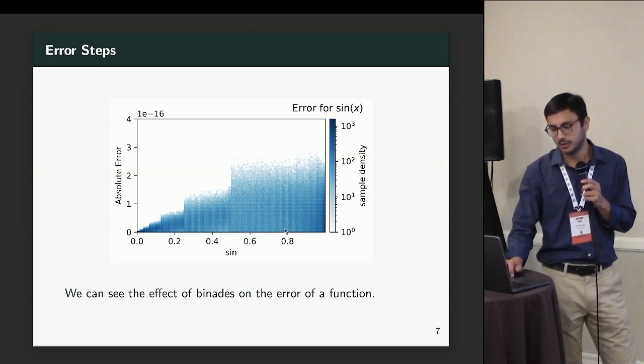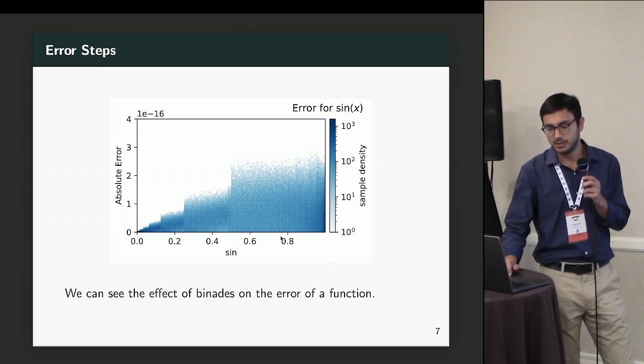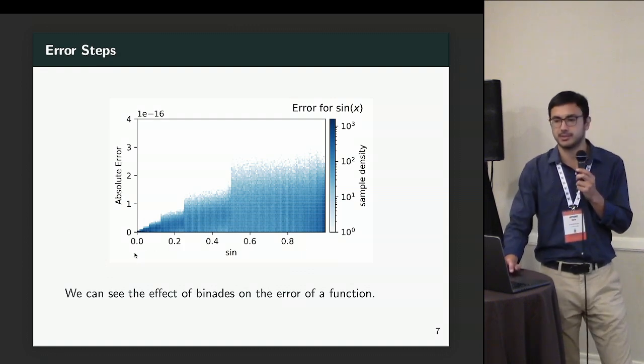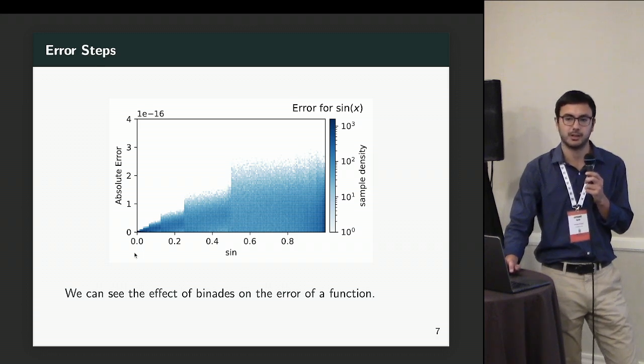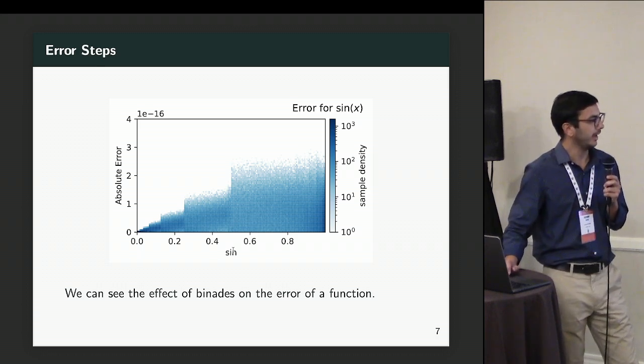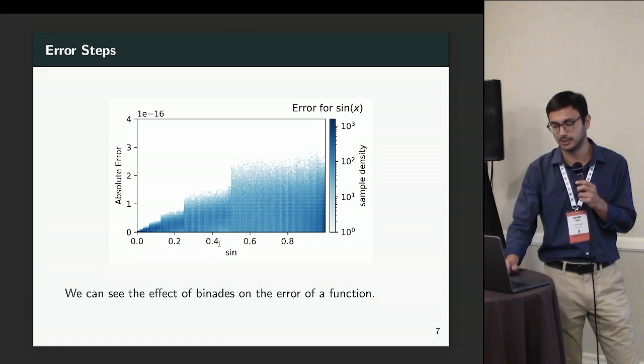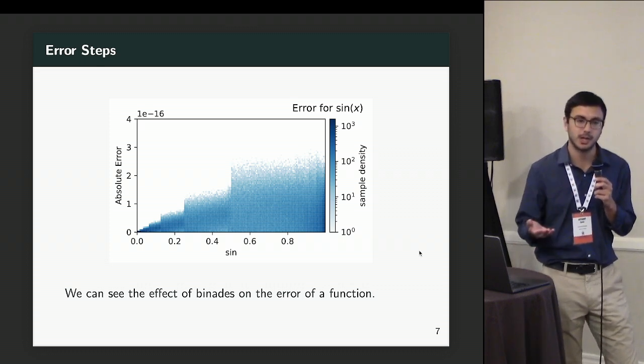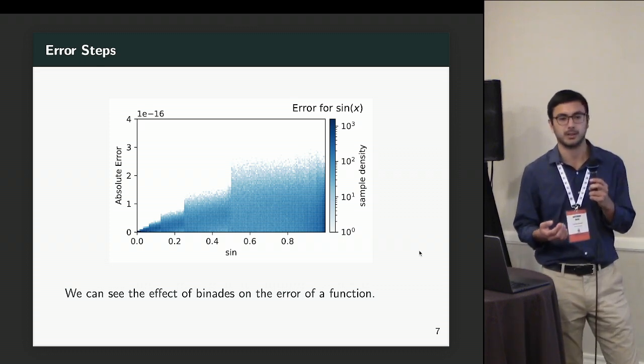We have a histogram here showing all the different data points, and you can see pretty clearly as we get closer to 0, where the step size or the ULP decreases, the round-off error actually gets much lower. And even nicer, we can see these very clear lines here, which are right on the binade boundaries. So as we cross that binade boundary, our round-off error gets much lower.